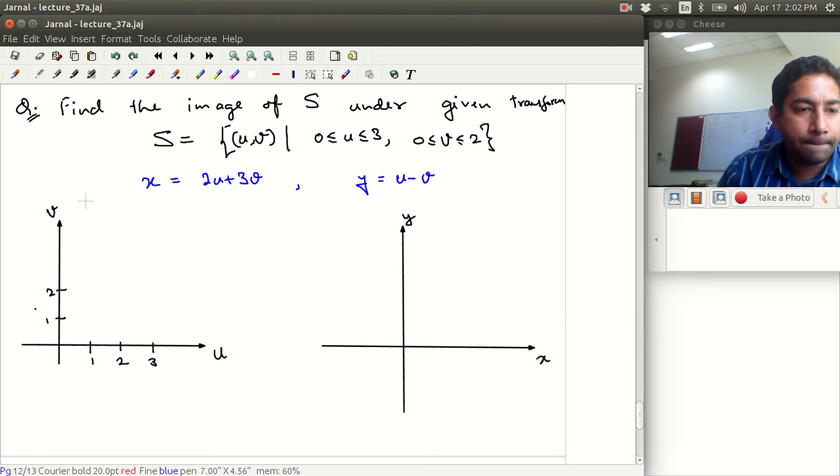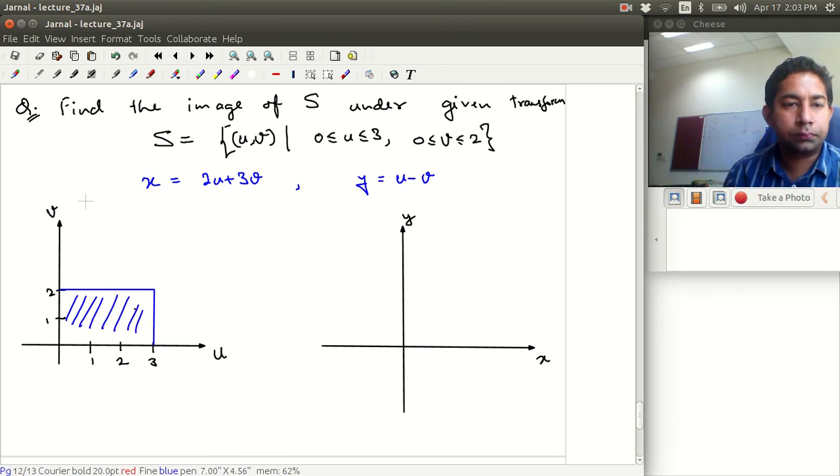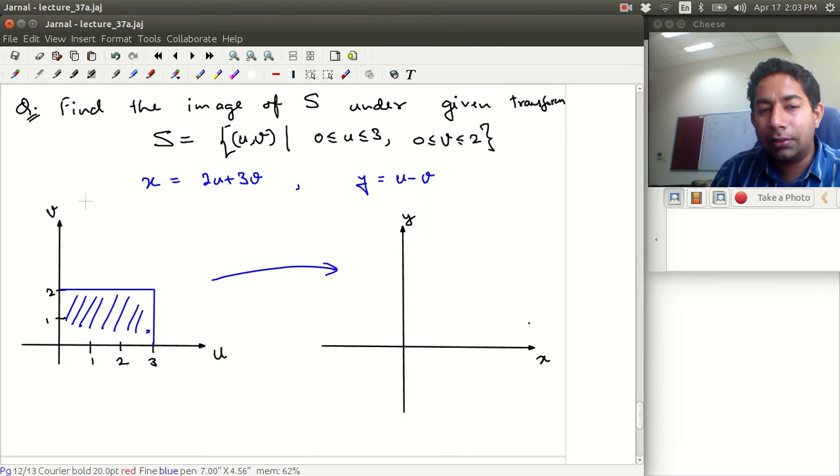Let me use a ruler. So the question we are asking in this slide is, for each point (u, v), if we create x as a function of u and v and y as a function of u and v, then this point (u, v) in the uv plane will get associated with some point (x, y) in the xy plane.